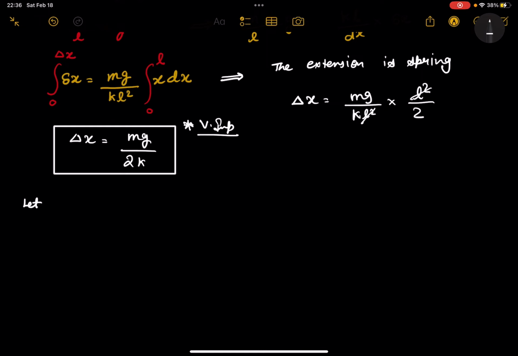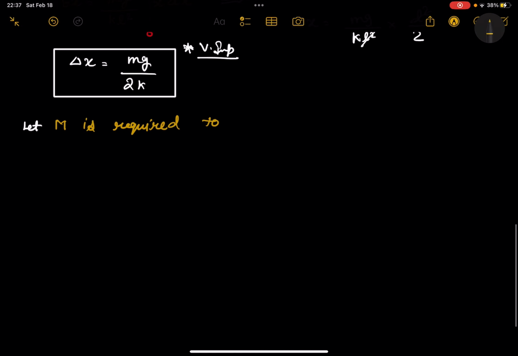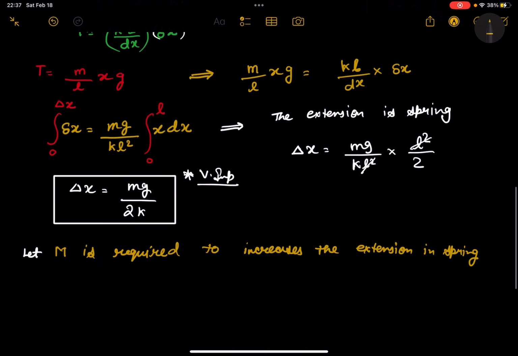Let capital M mass be required to increase the extension in the spring so that the total extension becomes 10 centimeter.